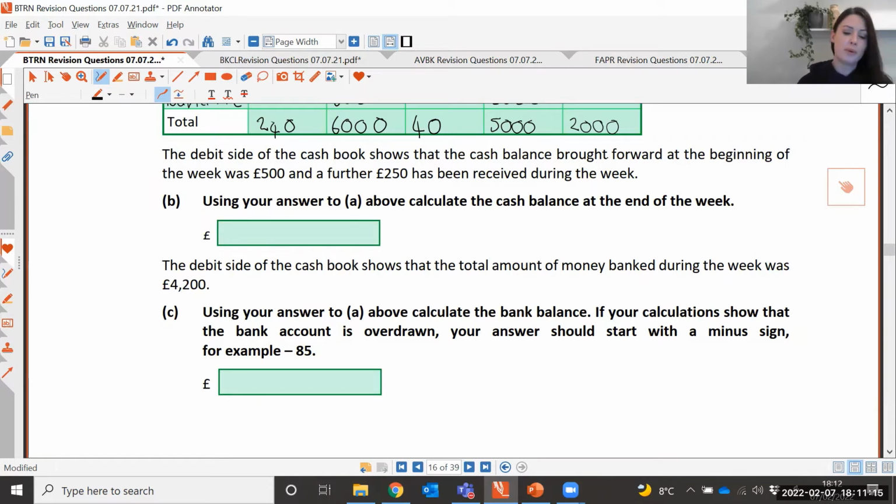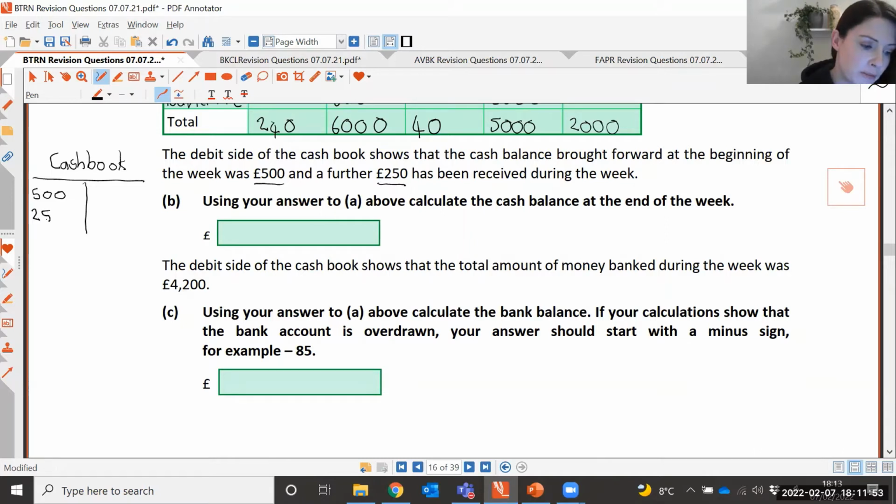Yeah, so if you're not too sure about how to do this, you can always do it by drawing out a little T account. So we'll draw one out in the cash book. So we're told within the question that the debit side of the cash book shows that the balance brought forward at the beginning of the week was £500. So £500 on the debit side of the account. And then a further £250 was received during the week.